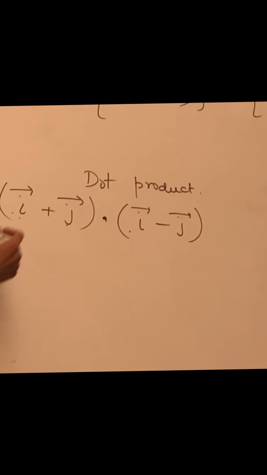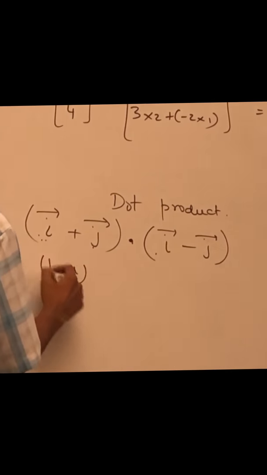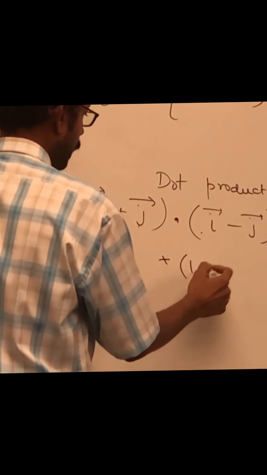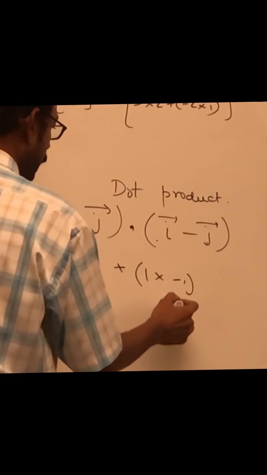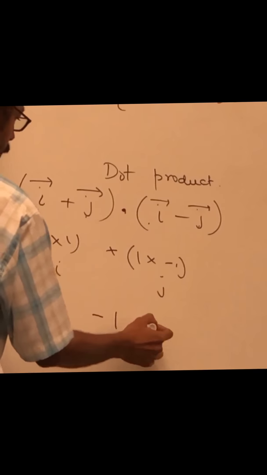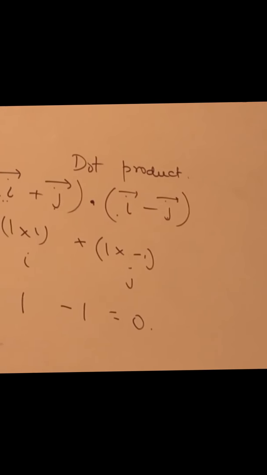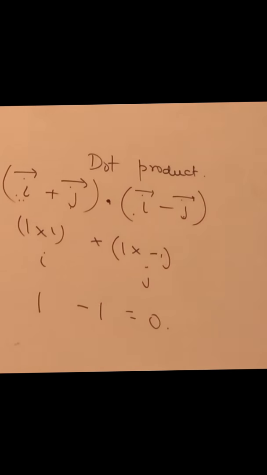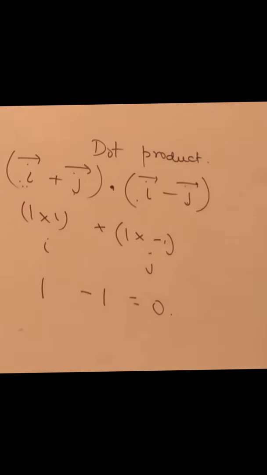Okay? So this is 1 times 1 for the i dimension plus 1 times negative 1 for the j dimension. So it's going to be 1 minus 1, which is 0. So if the dot product of two vectors is 0, we say they are orthogonal to each other.